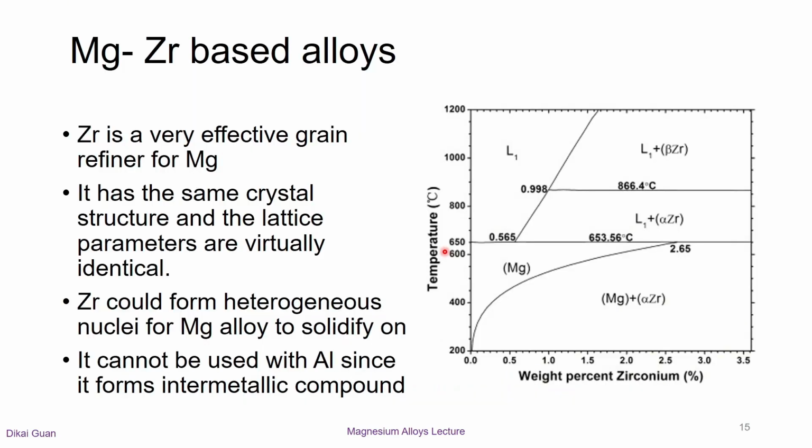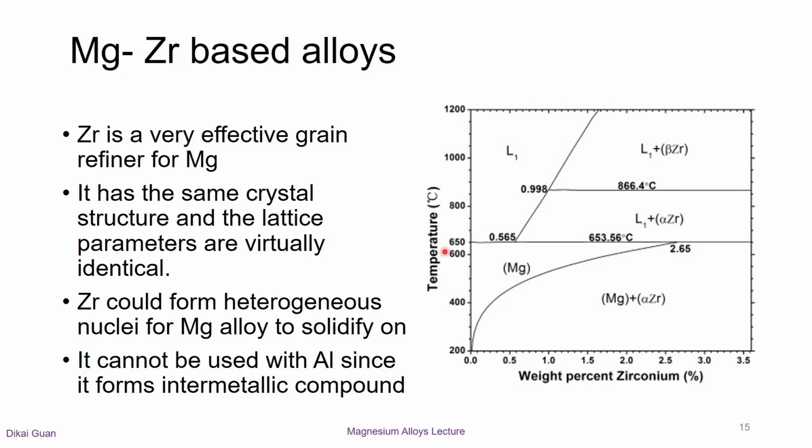Zirconium is a very effective grain refiner for magnesium and can be used with all alloys except those containing aluminum or manganese. Zirconium is a good refiner because it has the same crystal structure and the lattice parameters are virtually identical.